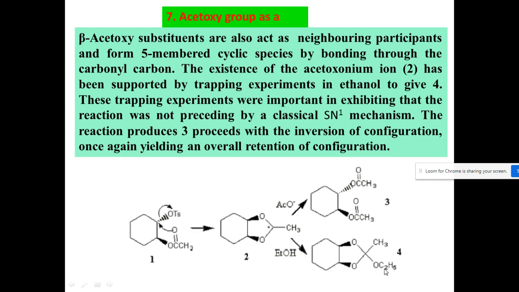These trapping experiments were important in showing that the reaction was not proceeding by a classical SN1 mechanism. The reaction produces 3, which proceeds with inversion of configuration, once again yielding an overall retention of configuration.